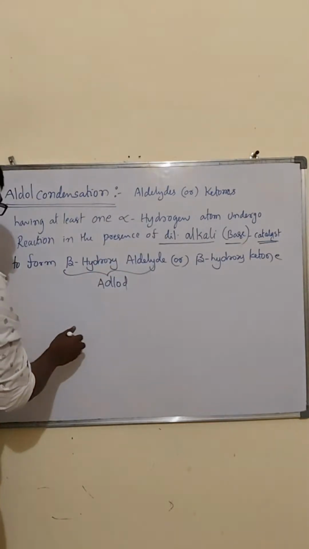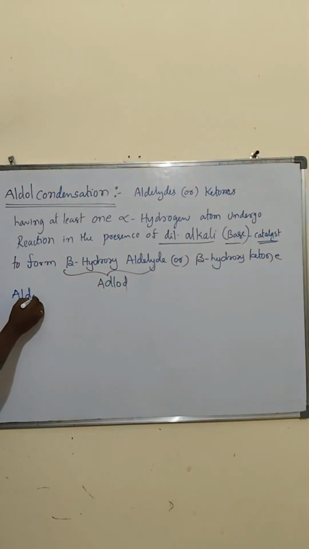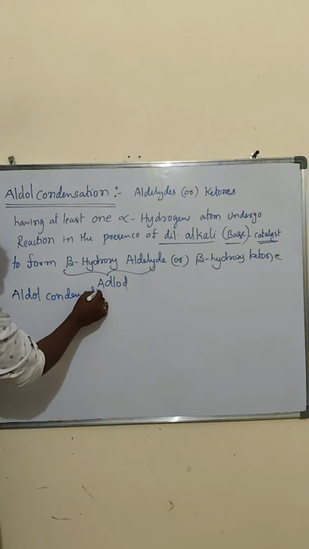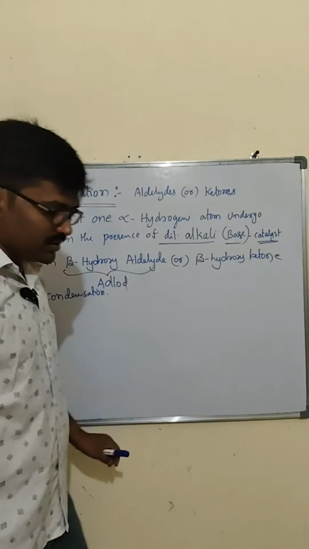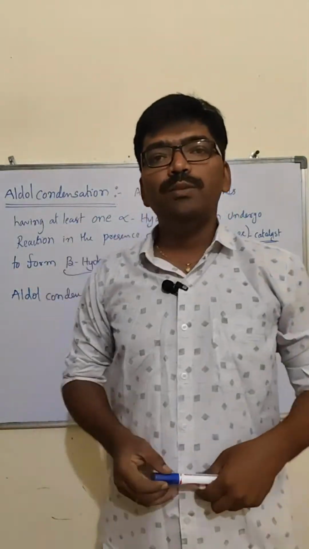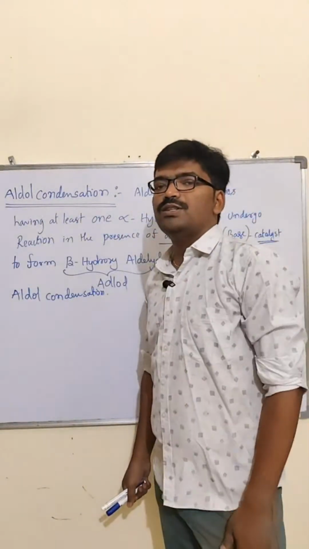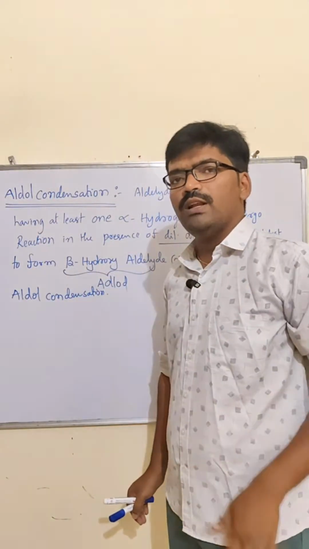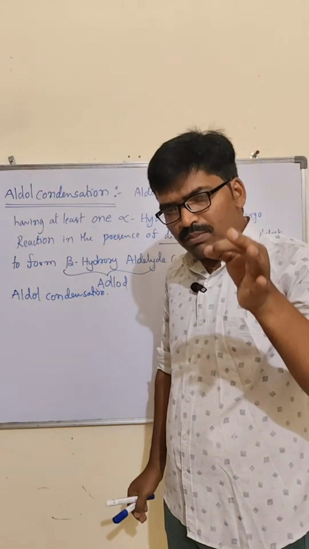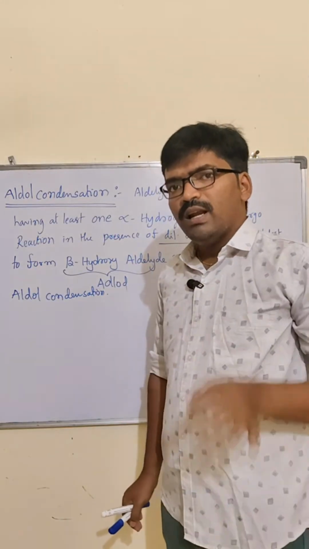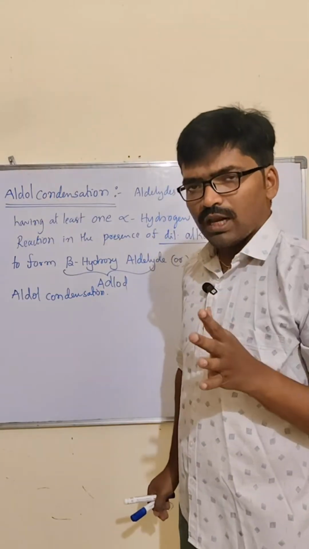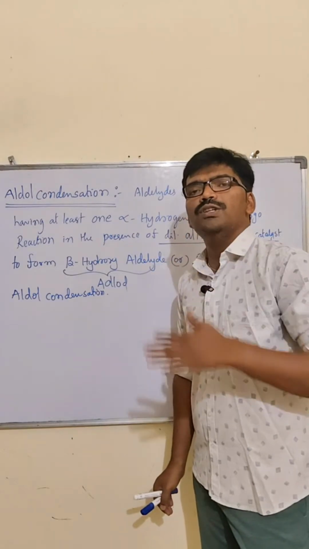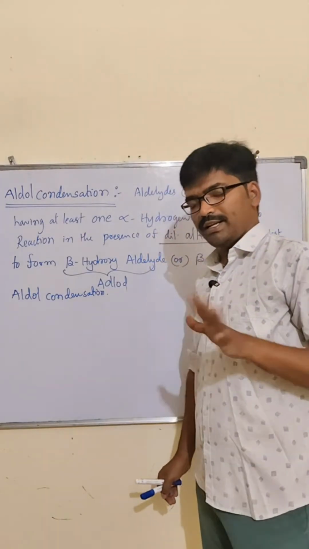This reaction is called aldol condensation. This is the reaction. This is the statement. So what is the statement for aldol condensation? Aldehydes or ketones having at least one alpha hydrogen atom undergo reaction in the presence of a base, a dilute alkali, and form beta hydroxy ketones; then we call it aldol condensation. Clear, my dear students?